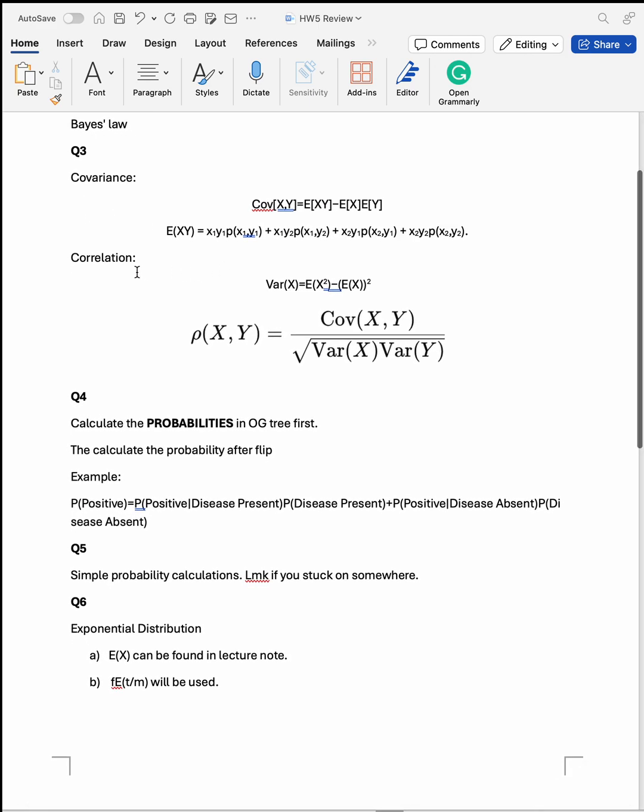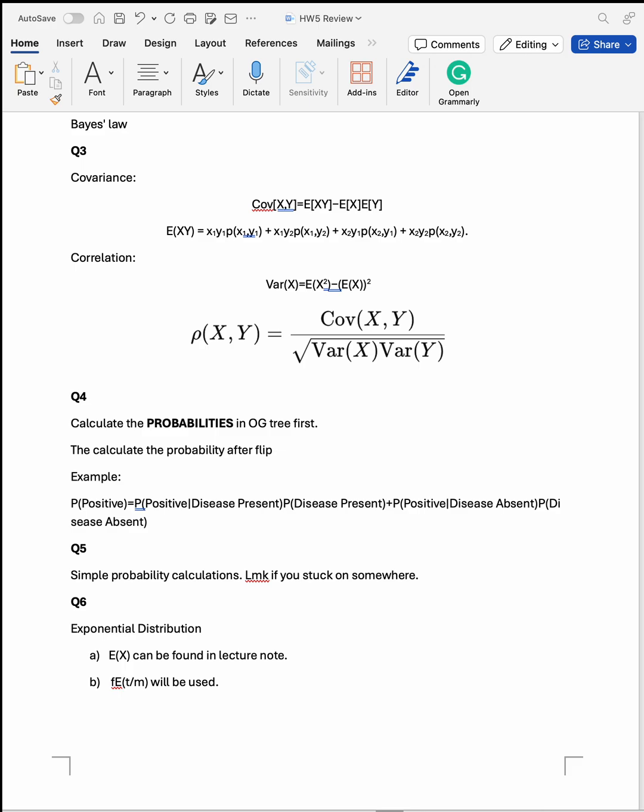For the correlation equations, you can find them in the lecture notes, but anyway, I also listed the equations for you. You will have to get the variance values before you get the correlation value.